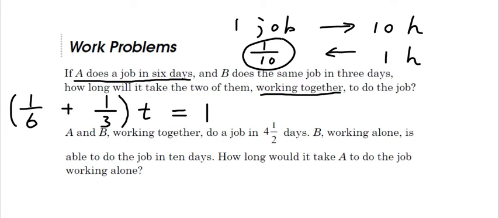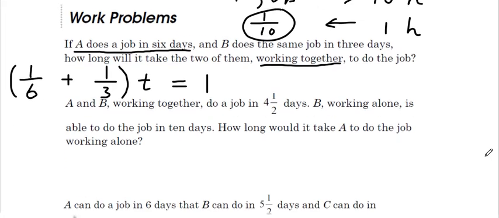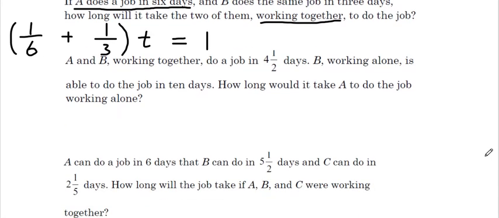So we just solve for T. For working-together problems, we focus on their speed, right? In 1 day, or 1 hour, or any unit of time, how much they finish.